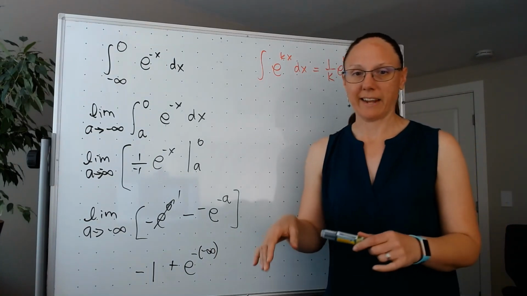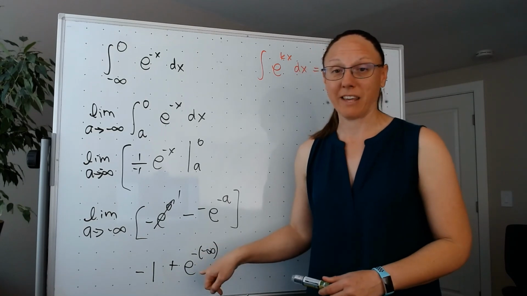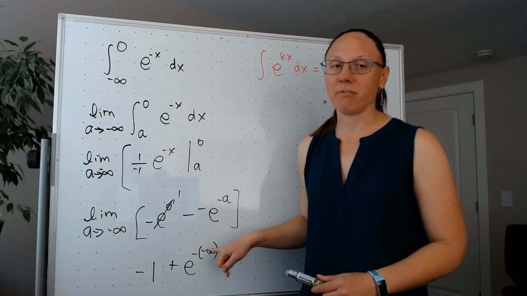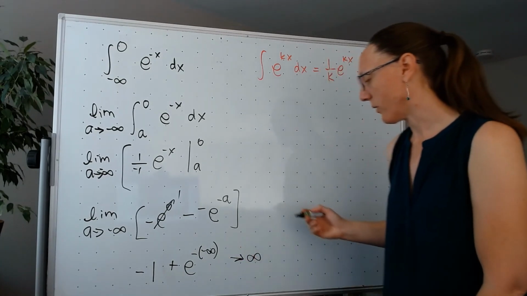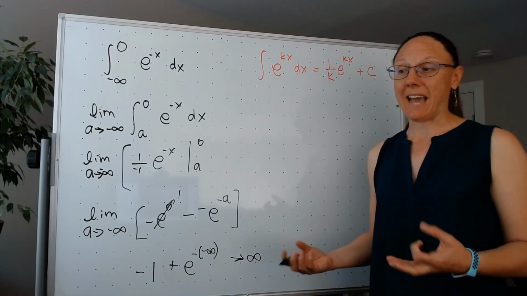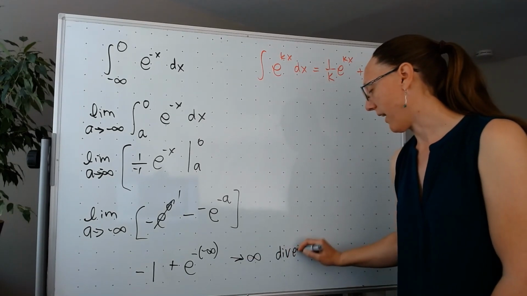I know I threw lots of negatives in this. Well, a negative of a negative makes that positive again, and e to the positive infinity is headed to infinity. So this whole thing is headed to infinity. Because we didn't get a single finite number, we say that this thing also diverges.